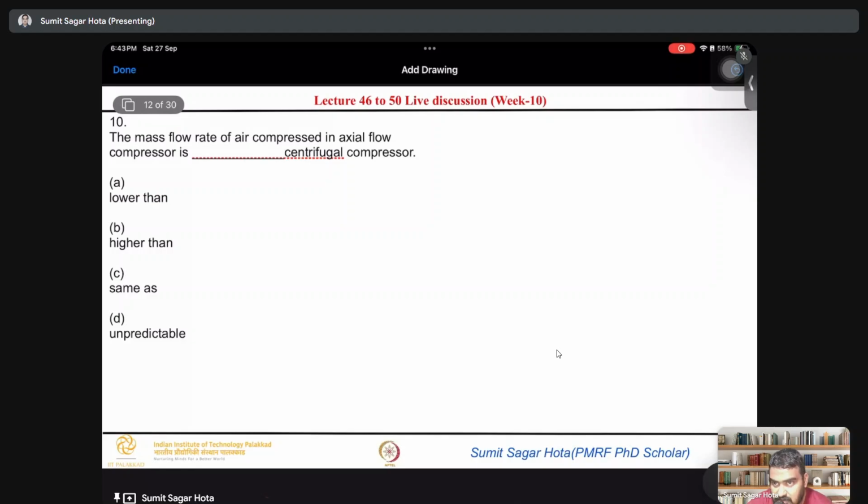The mass flow rate of air compressed in axial flow compressor is dash centrifugal compressor.